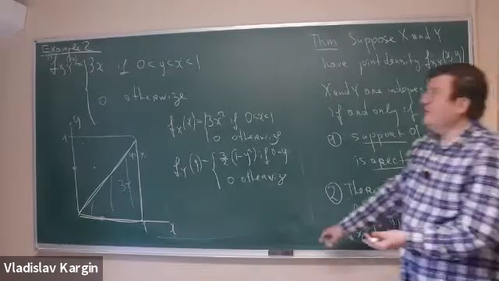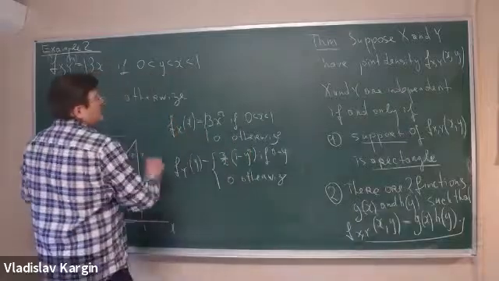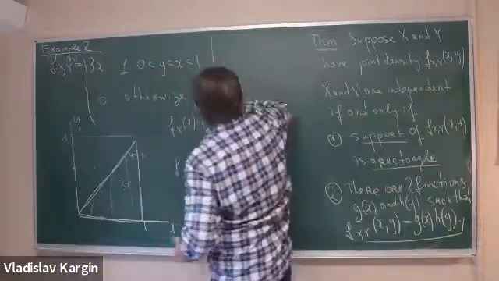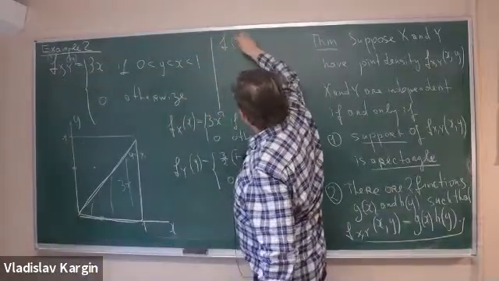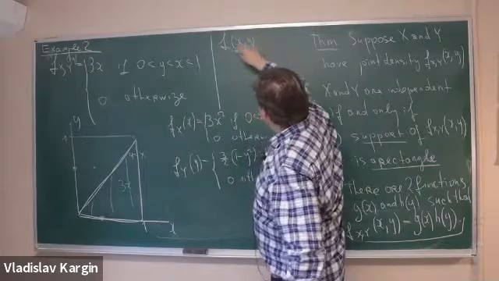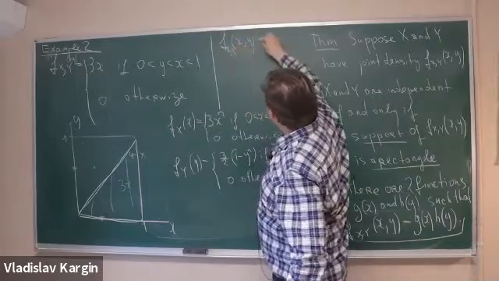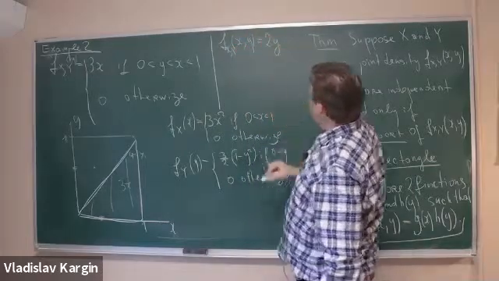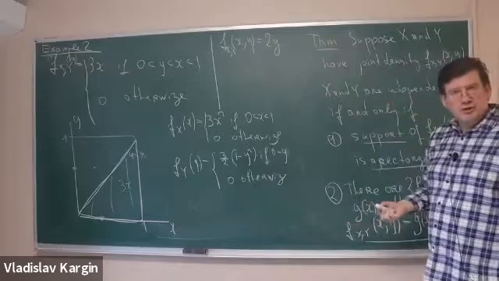This is what happened in the previous example. In the previous example, we had something like f of x, y equal to 2y, and after that, we started to calculate things marginally.